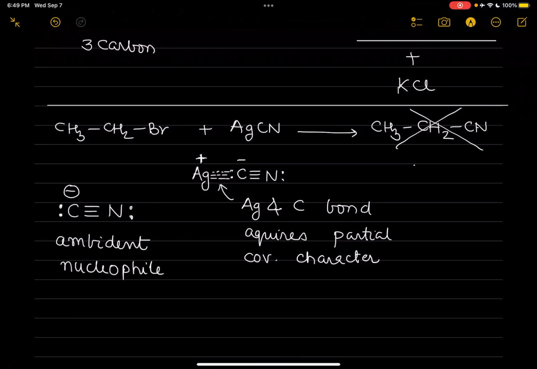It means it can attack from two sides. You can see the lone pair on both the sides. One is on carbon, another is on nitrogen.